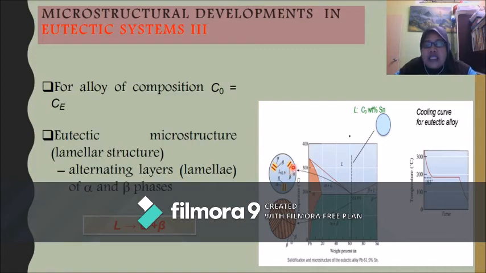When we look at the figure, the alpha phase is in yellow color and the beta phase in red color, and it repeats itself, alpha beta. Then we call it the lamellae. The eutectic reaction for eutectic system 3 is L equal to alpha plus beta.